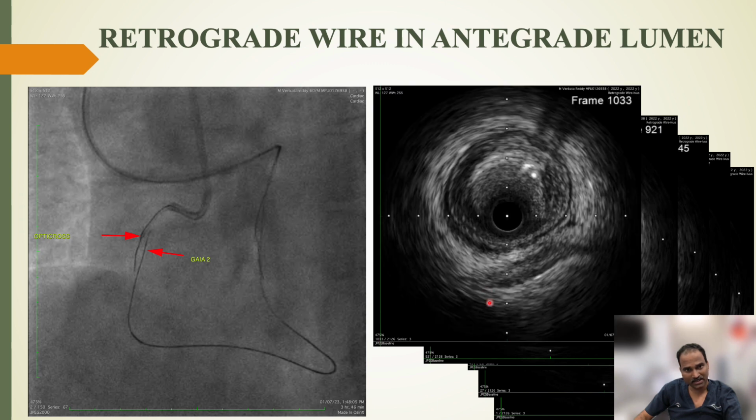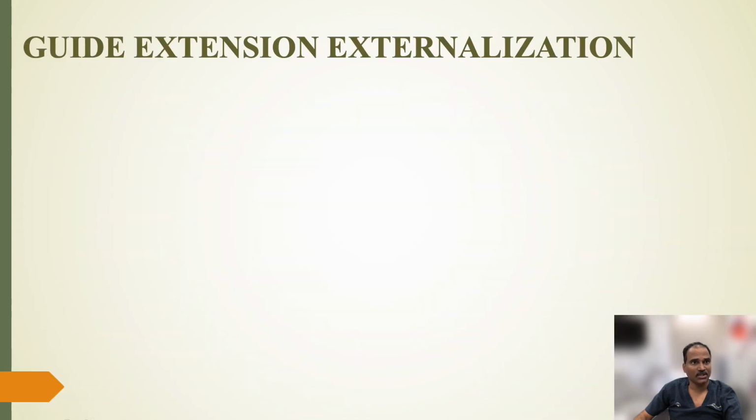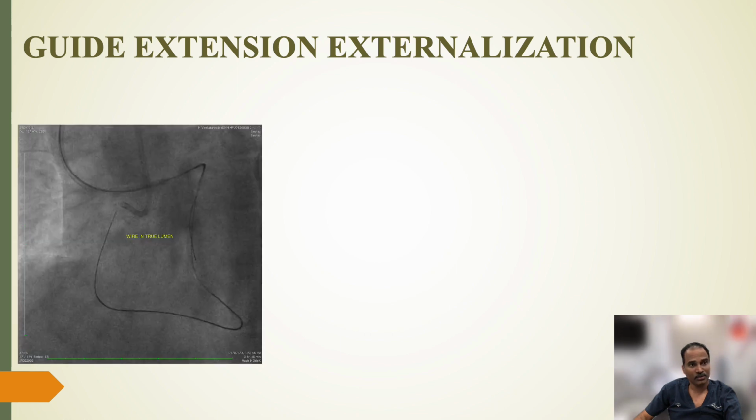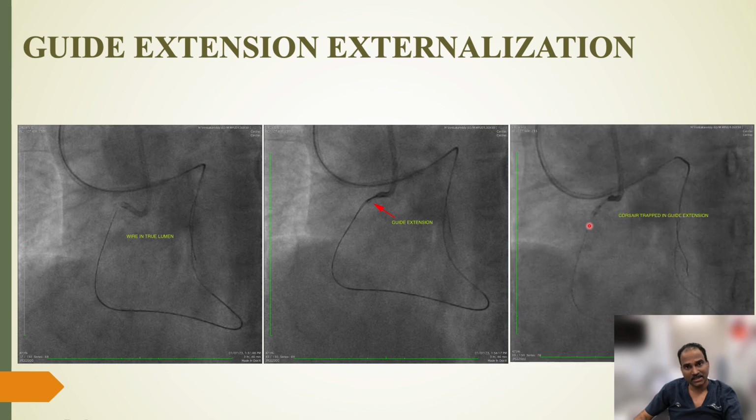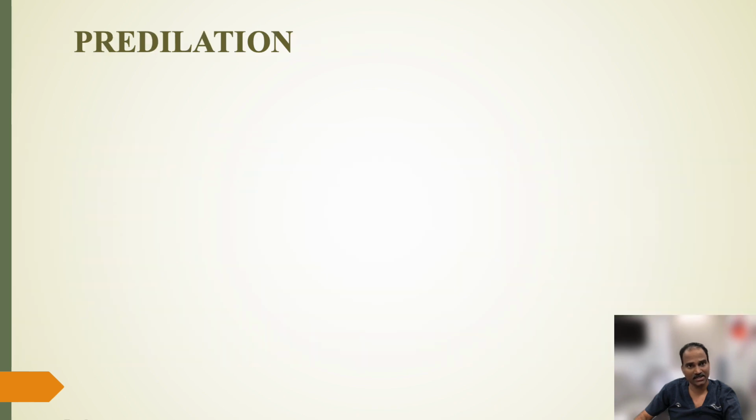Both the wires are in the same lumen proximally. And once we reached the antegrade true lumen, we took a guide extension catheter and then advanced the retrograde microcatheter into the guide extension, and trapped and externalized.